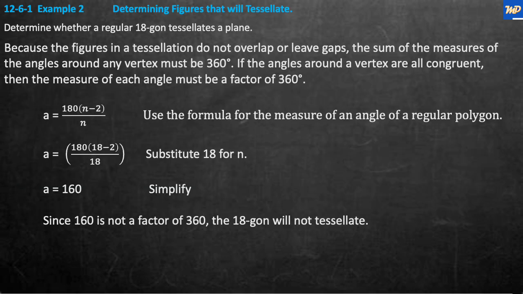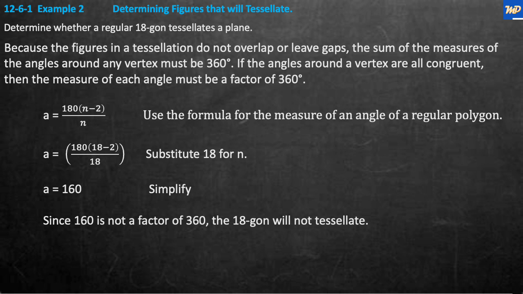Example 2, determining figures that will tessellate. It says determine whether a regular 18-gon tessellates on a plane. Because tessellations do not overlap or leave gaps, the sum of the measures of the angles around any vertex must be 360 degrees.